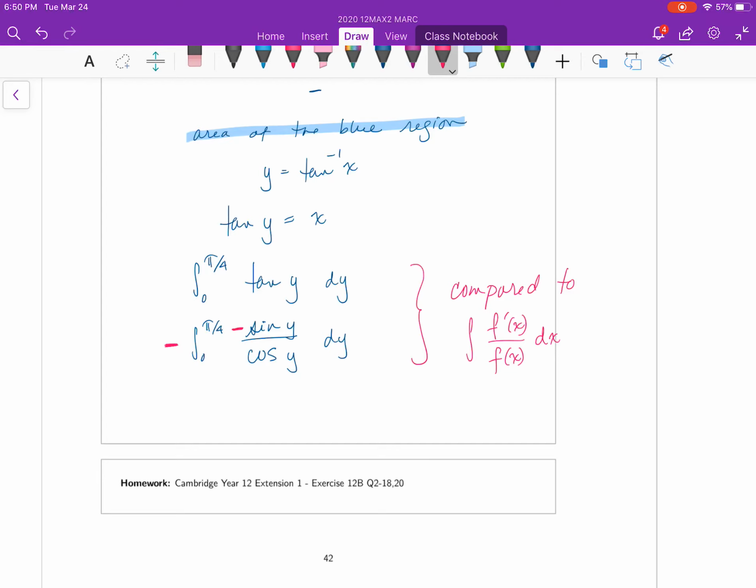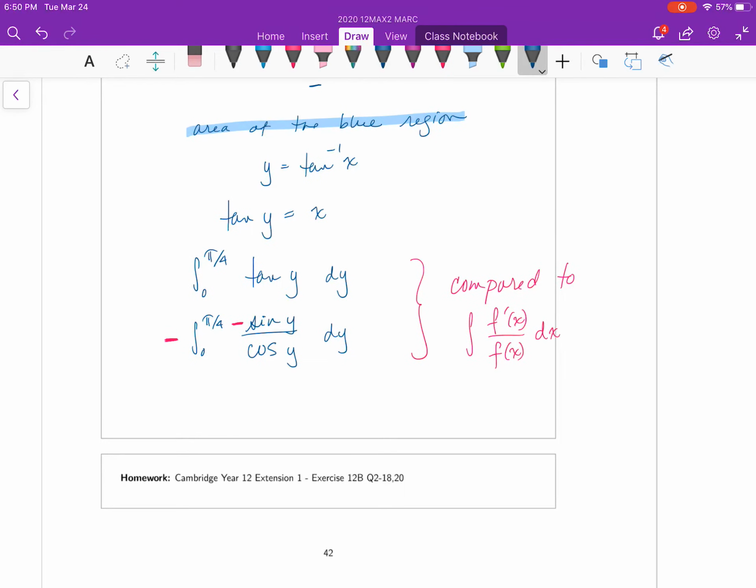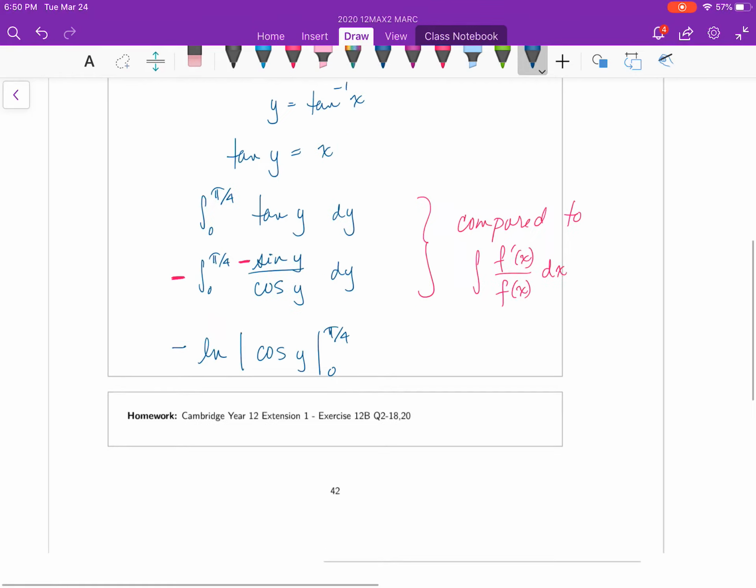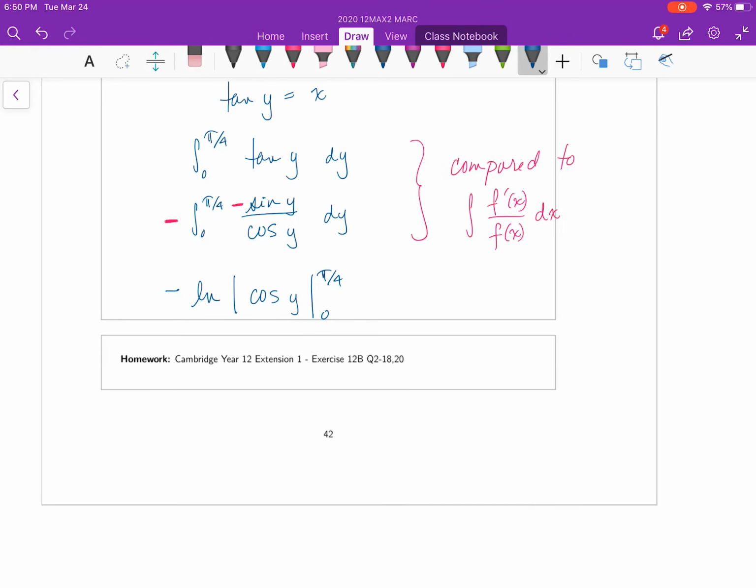So therefore, when I go to integrate, I've got negative ln of the denominator, which is cosine of y. I'm going to evaluate that from 0 to pi on 4. And I've run out of space, so I'm going to put it below the homework. So therefore that's going to be negative. I'm going to stick that in front because I'm always making sign mistakes.